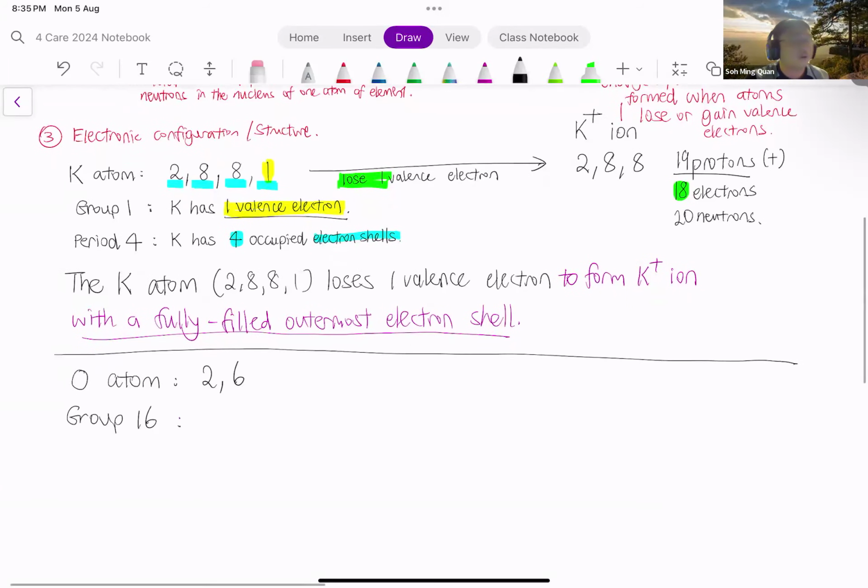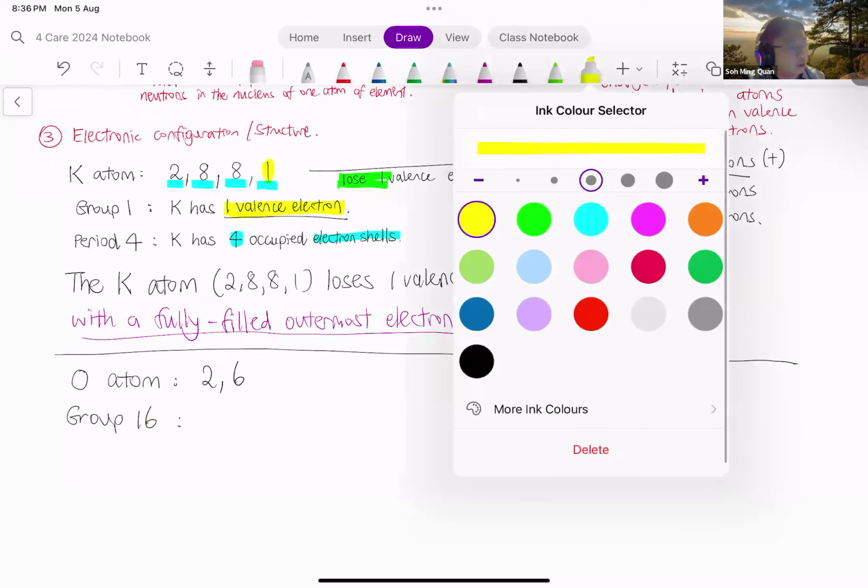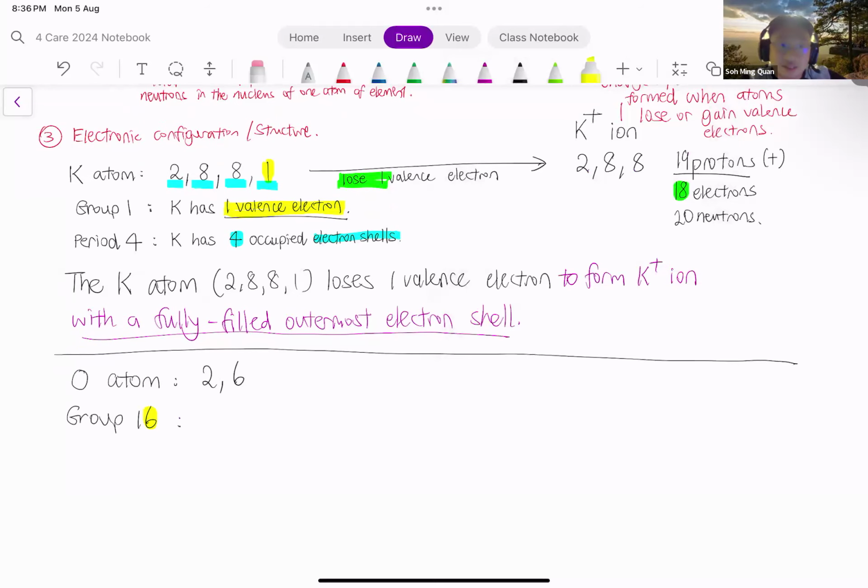So now oxygen is in group 16. How can you tell that? If it's in the teens, 13, 14, 15, 16, the last digit is the number of valence electrons. Oxygen has therefore 6 valence electrons, and hence, oxygen is in group 16.